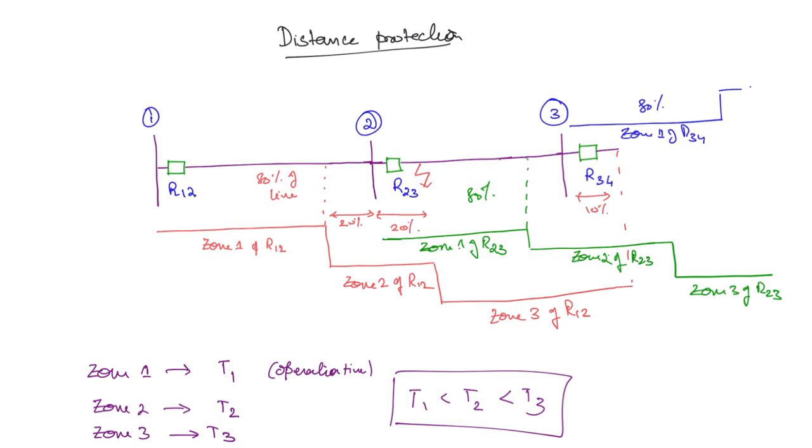So if you take a point, say this is point P1 and here let us say this is point P2. This relay should not operate for the fault at P2. But it will operate if the zone is extended to this point, because it will not be able to differentiate the fault at P1 and P2 because they are very close by. So to avoid this and to provide proper relay coordination, only 80% of the line will be protected by each relay.